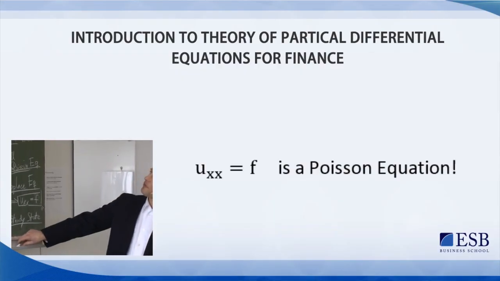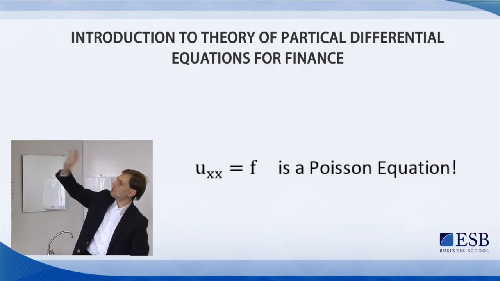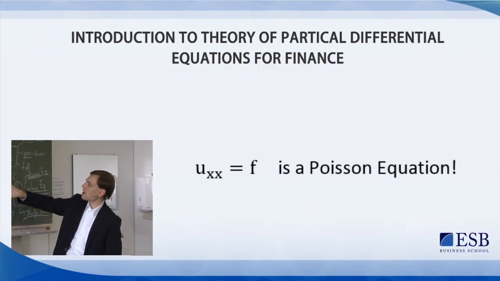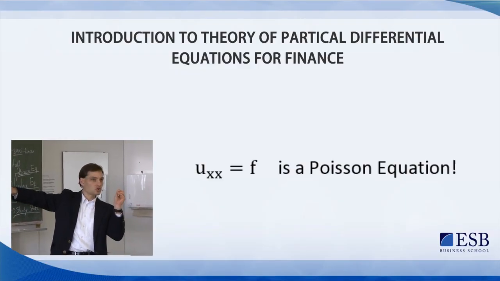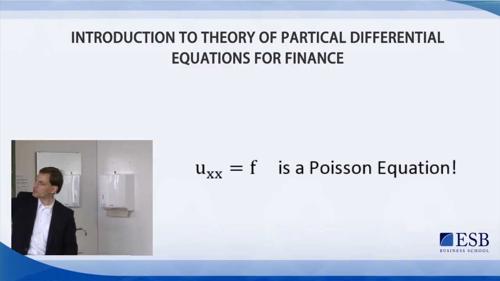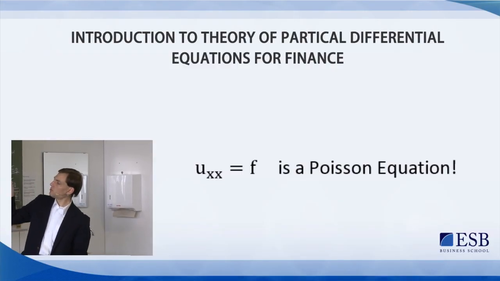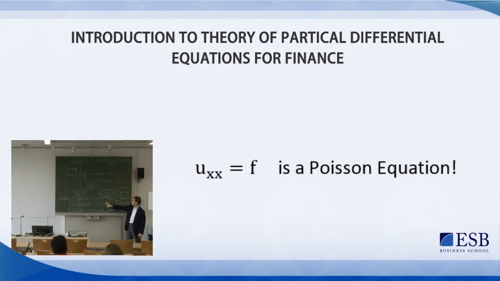Okay, so what we have seen in the first introductory part is that a PDE, a partial differential equation, is a function, in general, of at least 2 or more variables, and it contains not only these variables, there are also derivatives of this function in this equation. Derivative in respect of t, second derivative in respect of x.